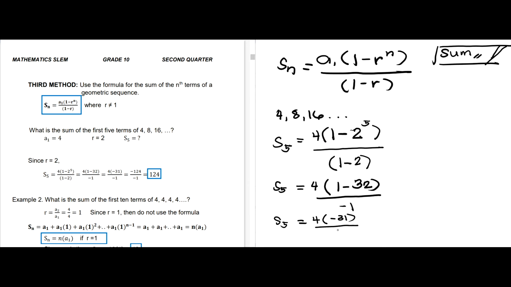Madali nyo na lang masasolve to kasi you can use your calculators, pero para mas mahasa kayo, wag na kayong mag-calculate. We have here 4 times negative 31, that's negative 124, divided by negative 1, that is 124. So this is the sum.